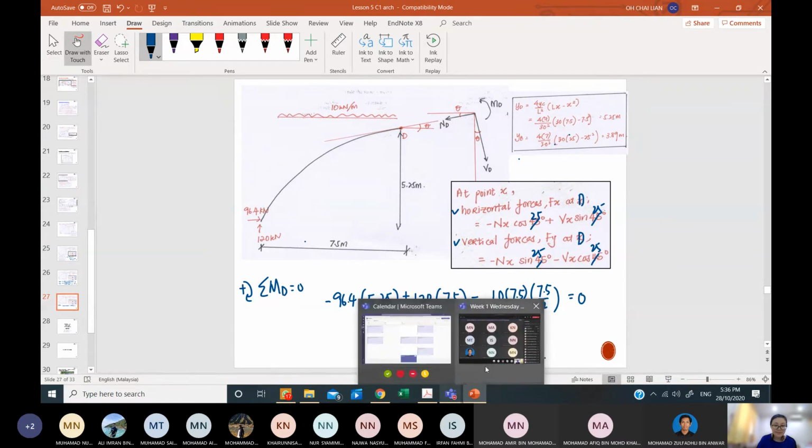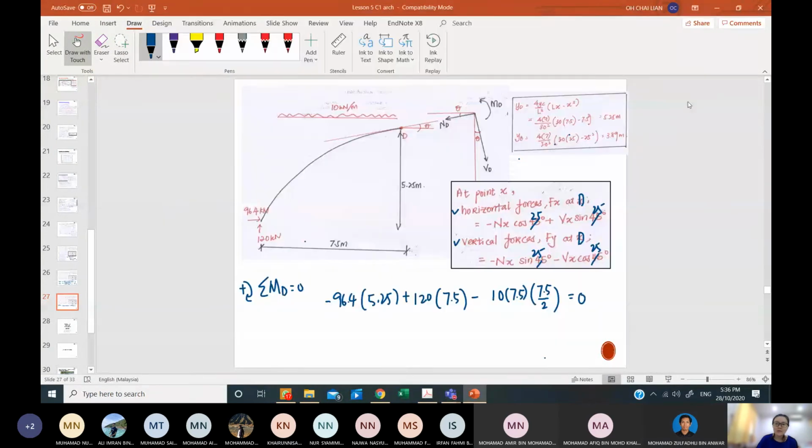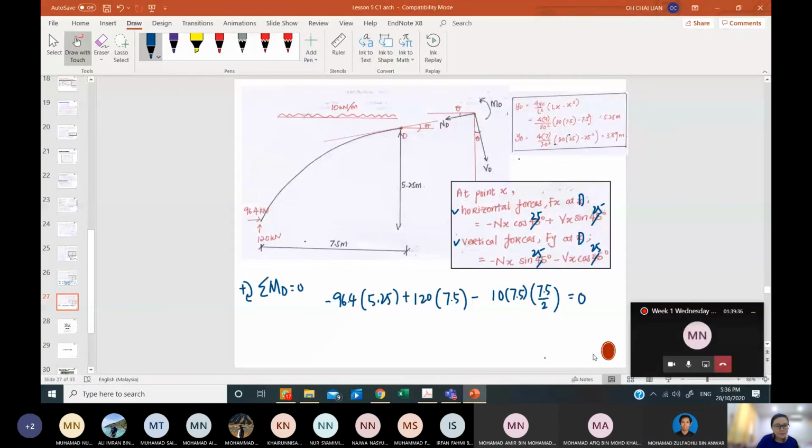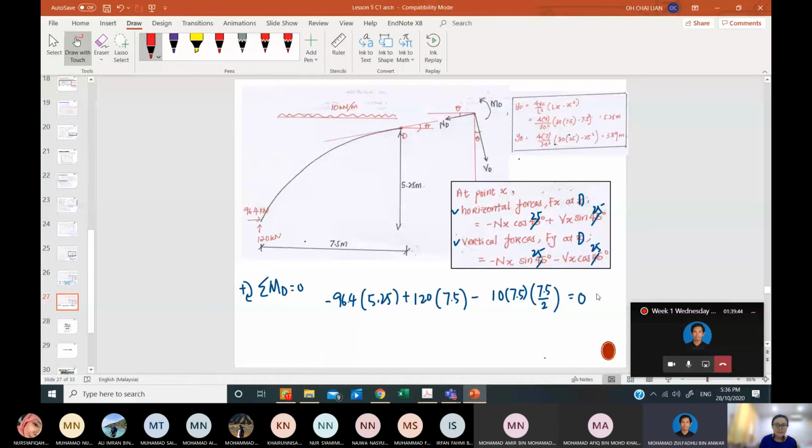Kairunisa, are you here with us? Yes, madam. Can you find what is missing in this equation? Anyone can help?